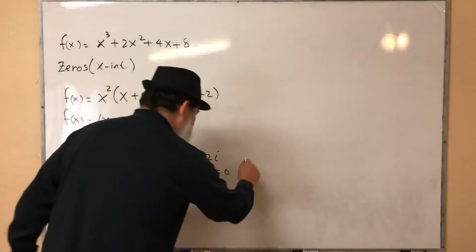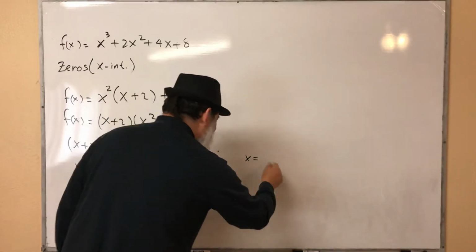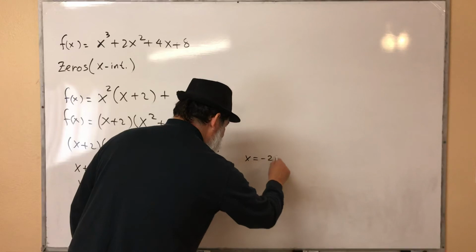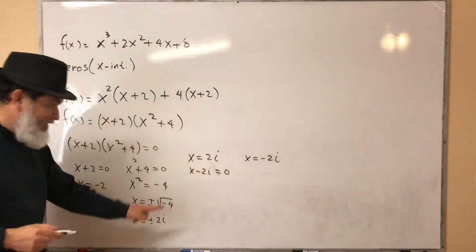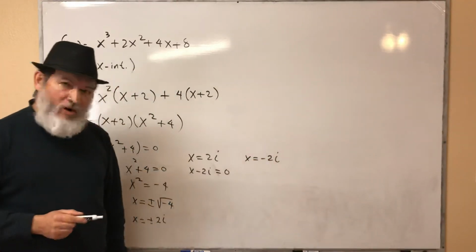The other one, x equals -2i. -2i is a zero.